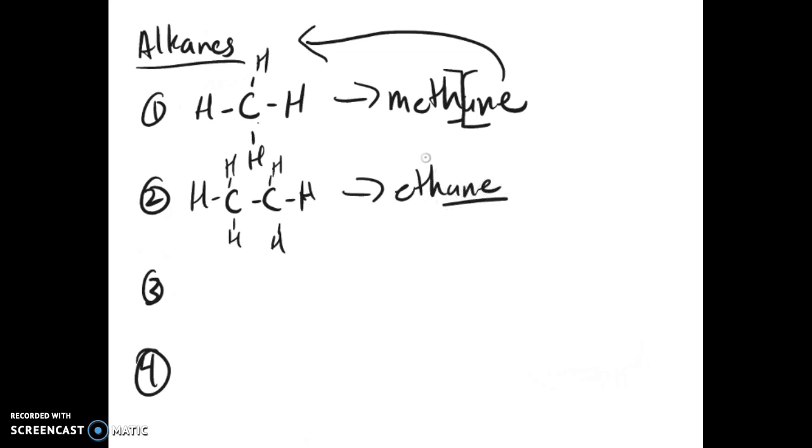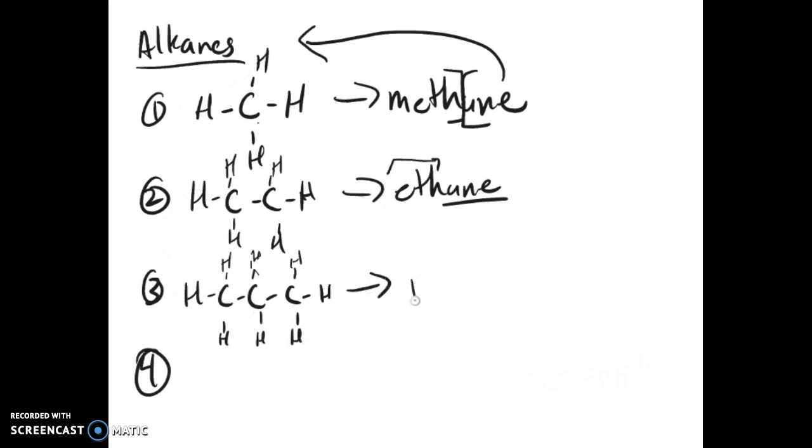Same thing. Prefix, ending. 3 would be 1, 2, 3. My hydrogens are getting worse the longer I draw them. This would be something called propane, which might sound familiar. You use it on the grill, which is why we talked about fuels and a source of combustion.